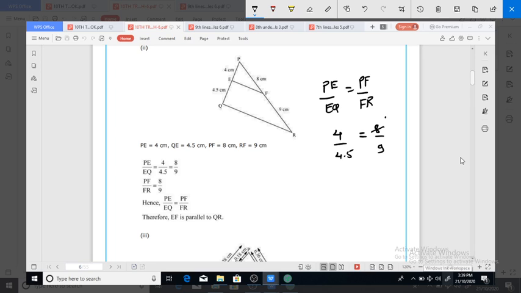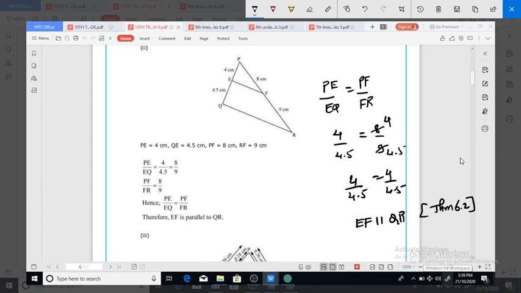So 4 by 4.5 is equal to 4 divided by 4.5. LHS is equal to RHS. So you can easily say EF is parallel to QR as per theorem 6.2.